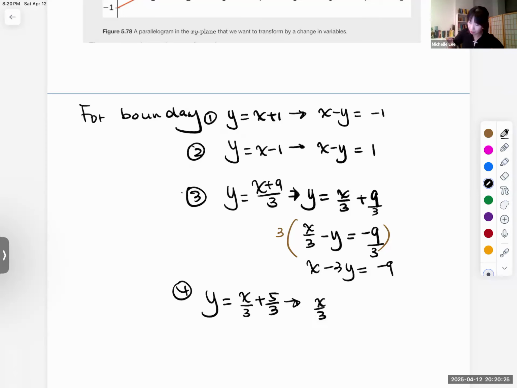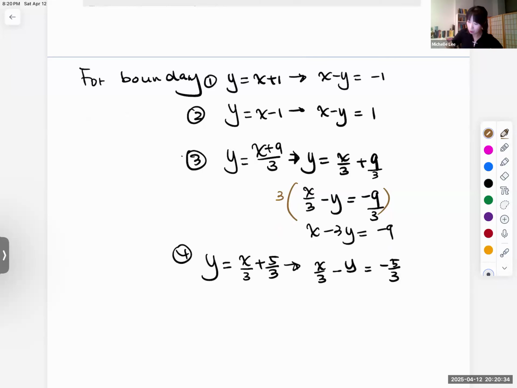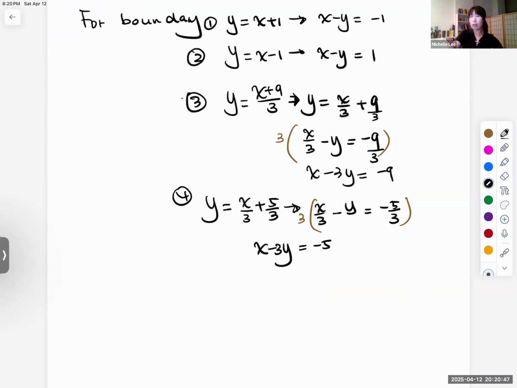So x over 3 minus y equal to negative 5 over 3, right? So we don't want the fraction, so we multiply by 3. So we will get x minus 3y equal to negative 5. Yes? Okay, now what we are doing, we want to change it to UV, right?